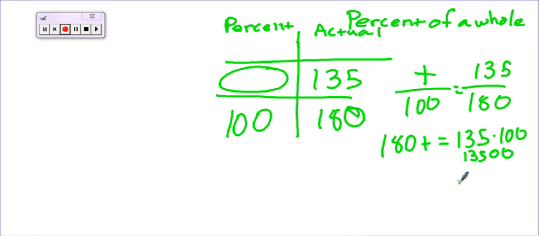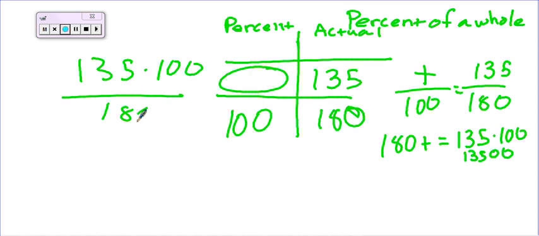Okay, and then we need to come up with a number. Okay, so what do we do? 135 times 100 divided by 180.